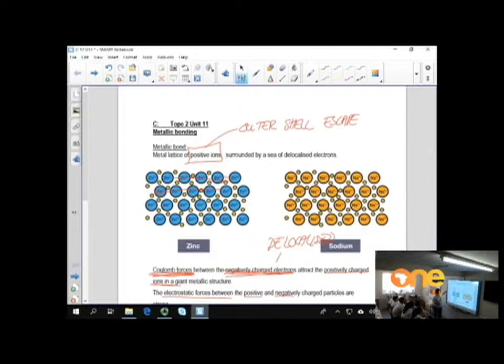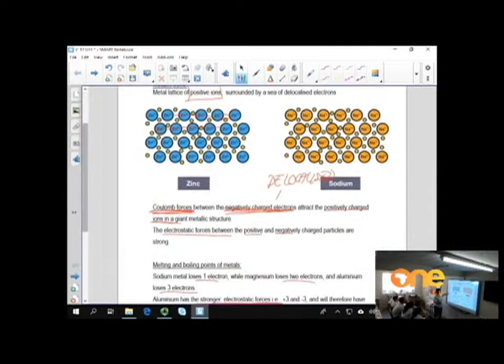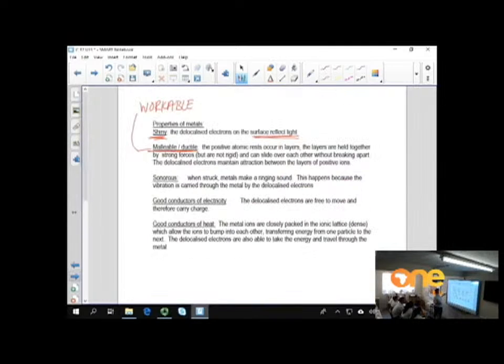Okay, so malleable and ductile, also because the positive atomic rests, there we go, can occur in layers, and they are held together by these forces, but the forces holding them are not rigid. What does rigid mean? It's held in a fixed position. But if the forces between the positive atomic rests are not rigid, it allows for movement.